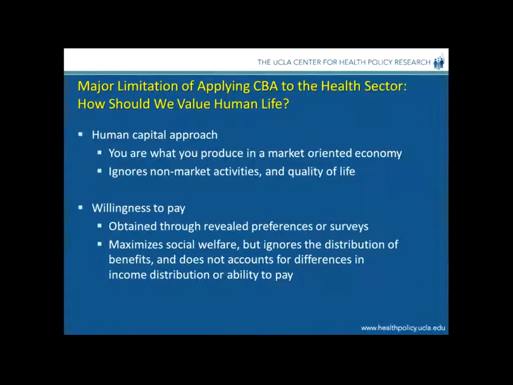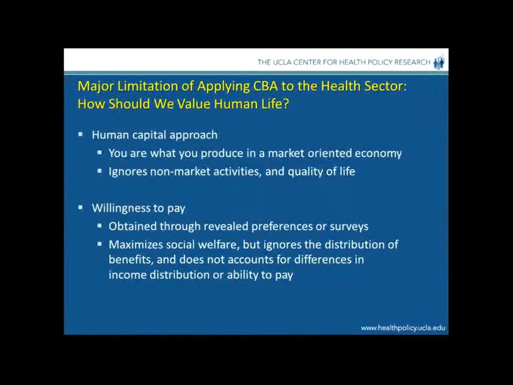Just quickly, the major limitation of using cost benefit in the health sector is this thorny issue of how do we value human life. And it's not that we can't do it. There are agencies, government ministries of health around the world that assign dollar value to life all the time.